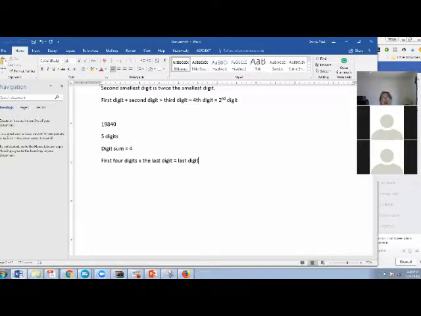Well, it can't be 1. It can't be 1 if all of the other digits are, because if you multiplied, if it was 1, it would still be 1984. Because it's still 1. So if you do the first 4 times the last digit equals the last digit, that tells you for sure that it's a 0.